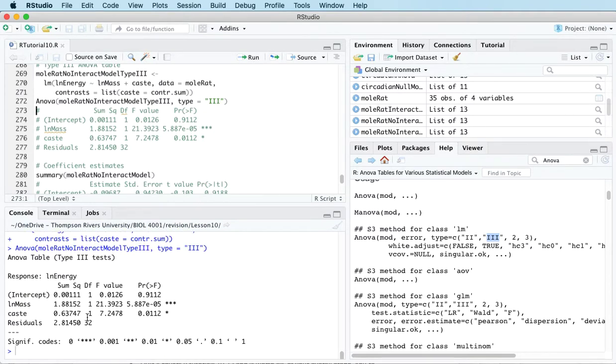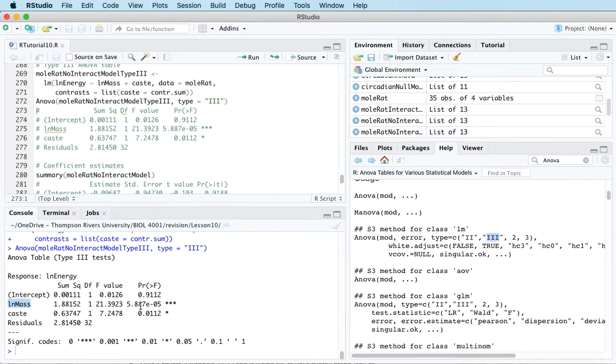So now we can do an f-test for improvement in fit from adding log mass to a model that already has cast in it, and we can do an f-test for the improvement in fit for adding cast to a model that already has log mass in it.